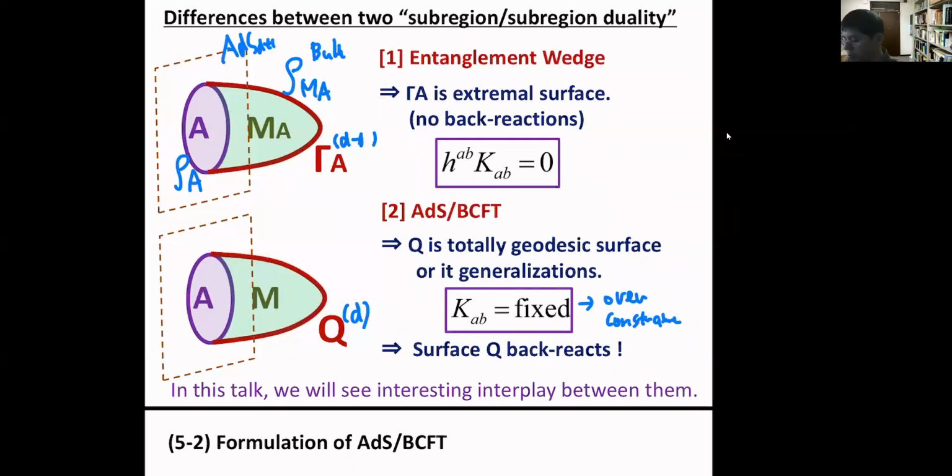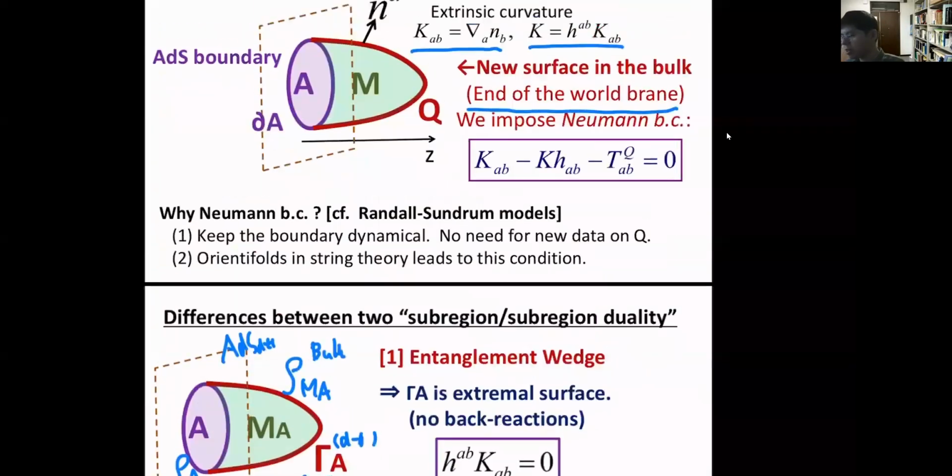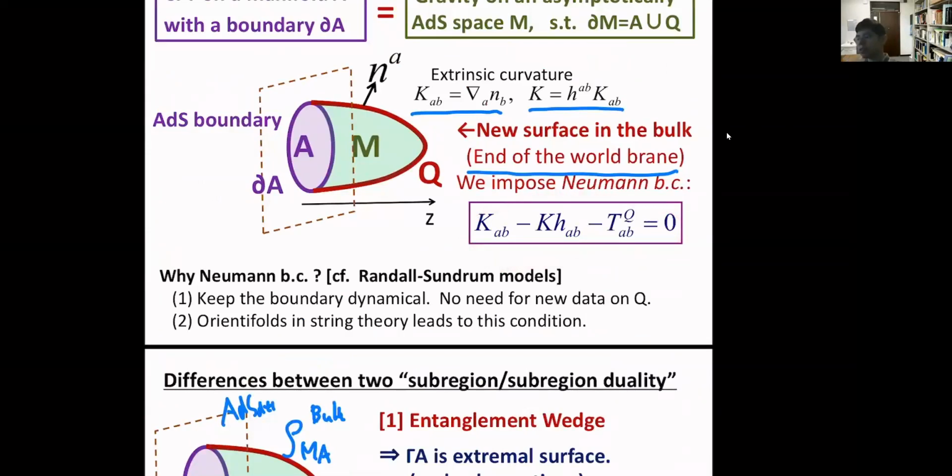I want to emphasize that this Q has a tension and is a physical brane. But Γ_A is not physical in some sense. We just introduced it by hand, as a kind of probe. Because Q is a physical brane, it back-reacts and can change the metric, and that is how we can realize this over-constraint. So we have to solve the Einstein equation and this boundary condition at the same time. This is what's happening here.